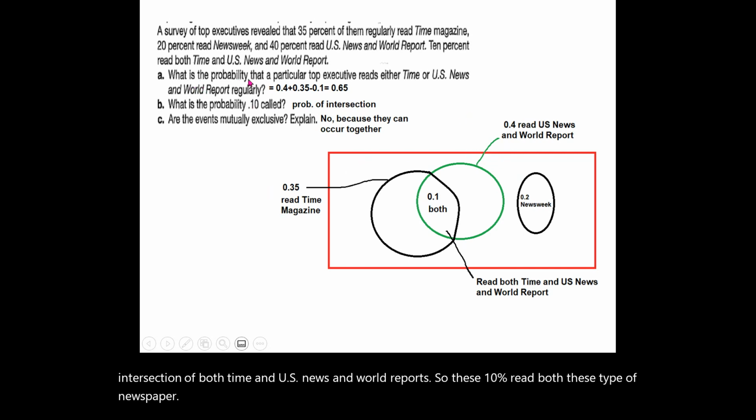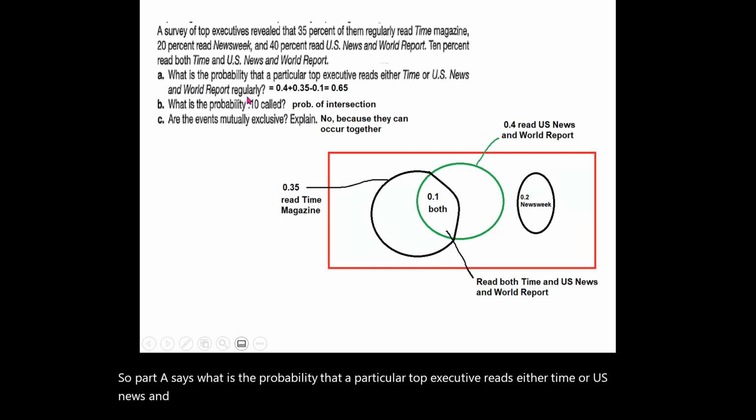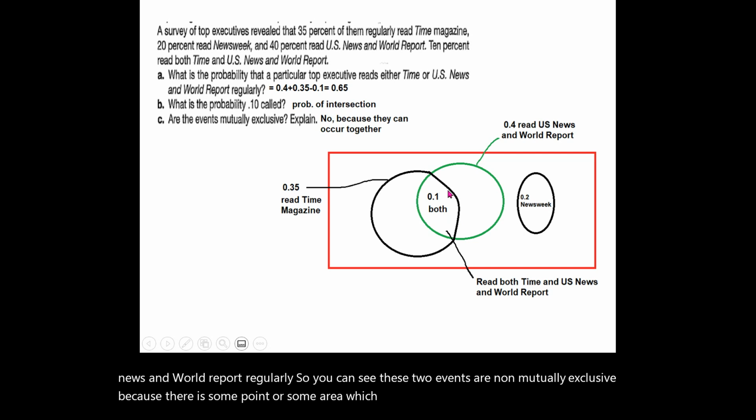So part A says what is the probability that a particular top executive reads either Time or US News and World Report regularly. You can see these two events are non-mutually exclusive because there is some area which is common, because there are some executives who read both of these.